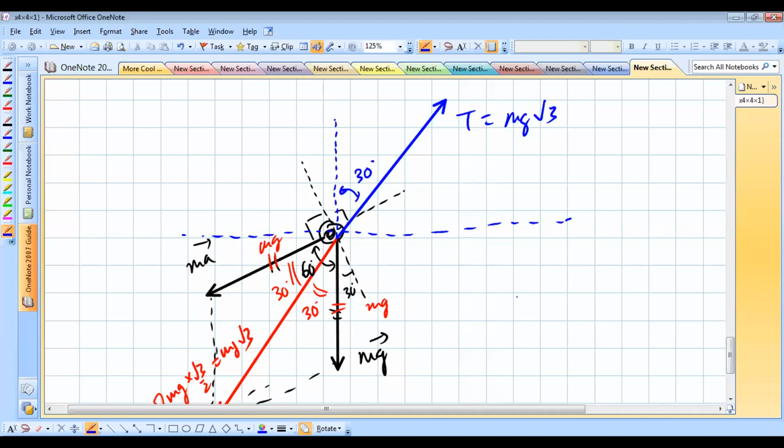So inside your this thing, your rope will be something like this. Where this is the vertical direction. This is the horizontal direction. So this angle here will be 30.